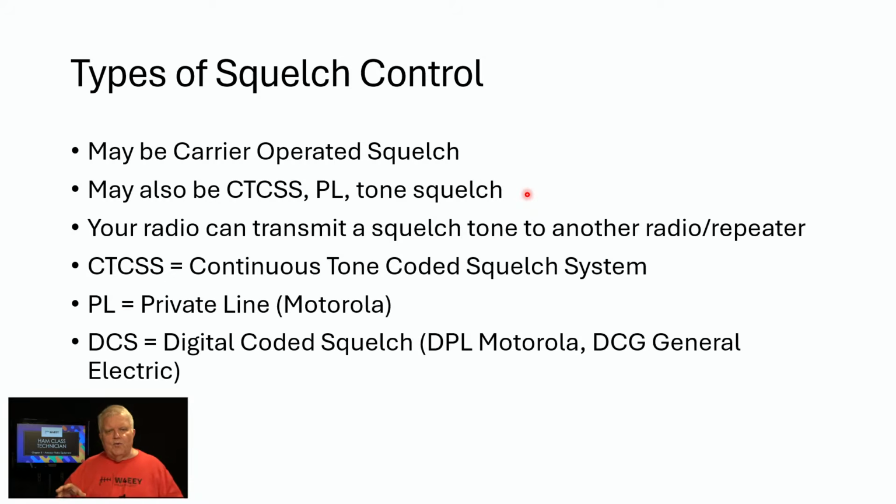And you can program your radio to only open up when that tone is there. Radio repeaters commonly use CTCSS or PL tones. You can't get into the repeater unless you program your radio properly with the proper PL tone, for example. CTCSS and PL are the same. Motorola called it PL, and I think it was GE that called it CTCSS.